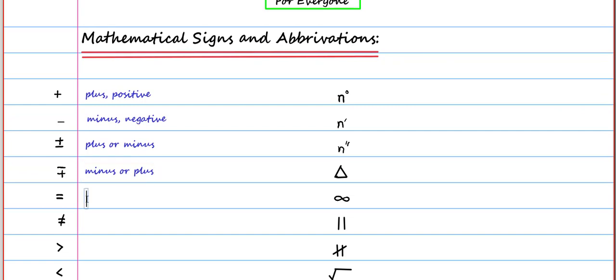What does this mean? This means equal to, or you can say equals, and this means not equal to, and this means greater than.